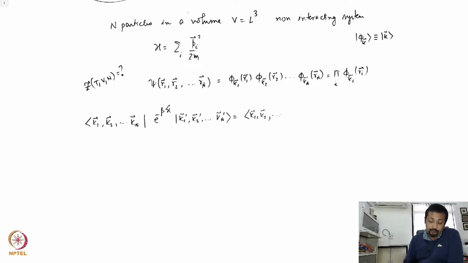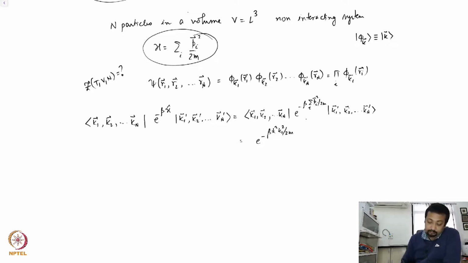You put in the Hamiltonian from this expression, and this becomes e to the power minus beta h bar squared over twice m times k1 squared plus k2 squared, up to kn squared. And the orthonormalization of these states gives you delta k1, k1 prime, delta k2, k2 prime, and so on, up to delta kn, kn prime.